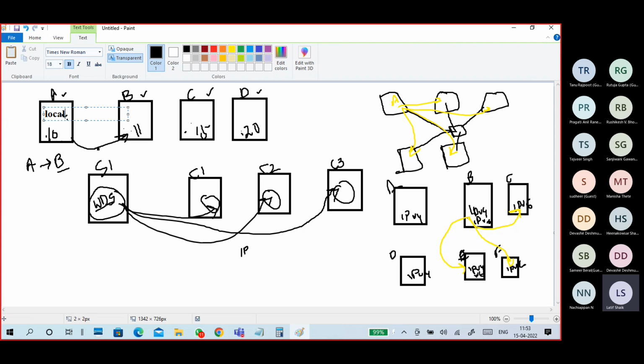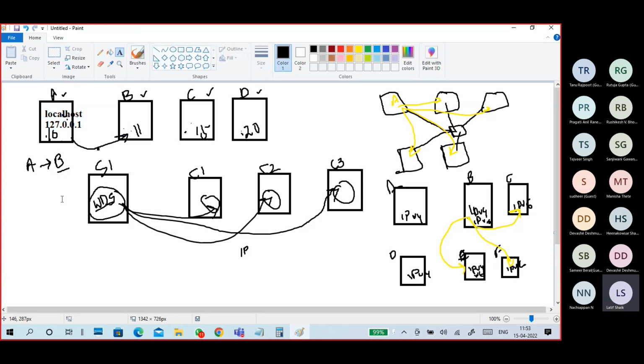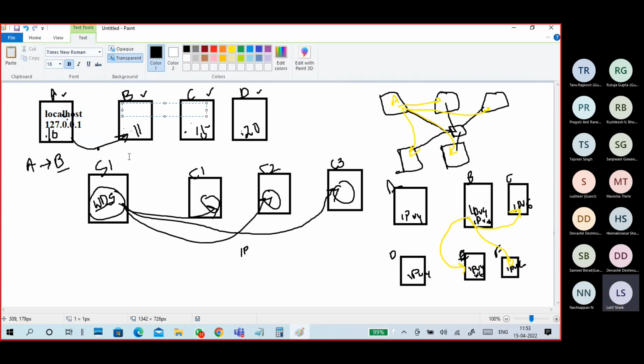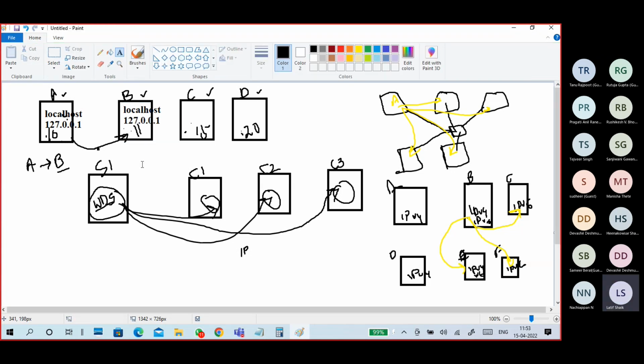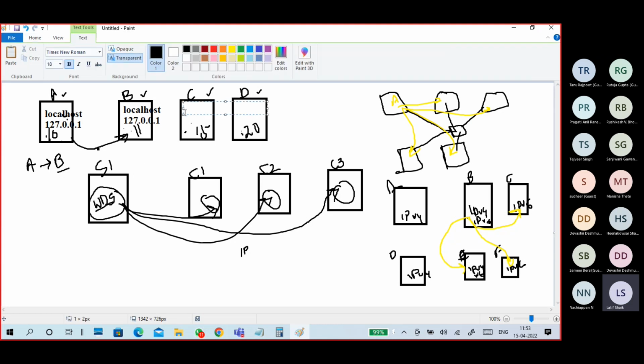Localhost, and the localhost IP address is 127.0.0.1. So every PC's name for itself is localhost, and the local IP address of localhost is 127.0.0.1.